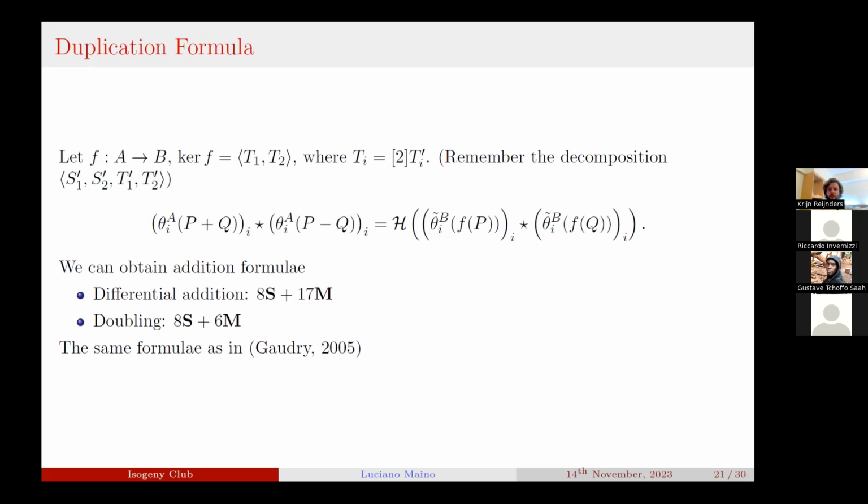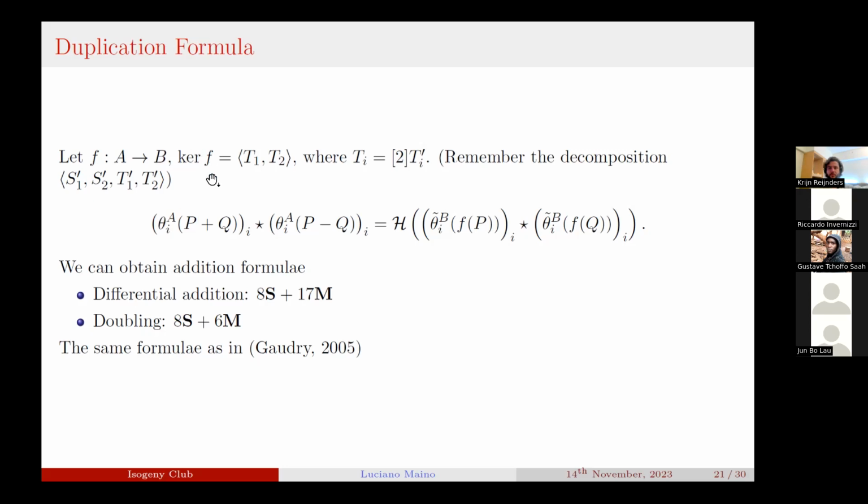I'm just going to give you a rough intuition on how to do so. For the doubling, you basically compute an isogeny and then compute the dual of that isogeny, and that's basically a scalar multiplication. That's how you obtain the doubling. With similar reasoning, you can obtain differential addition. The cool thing about this is that we can give precise operation counting.